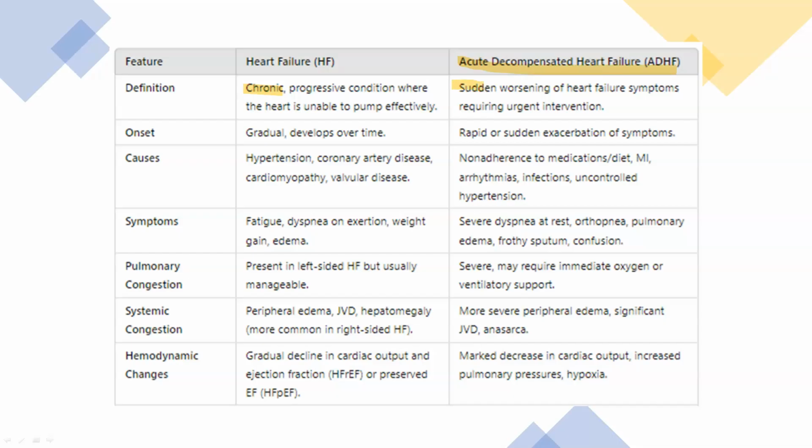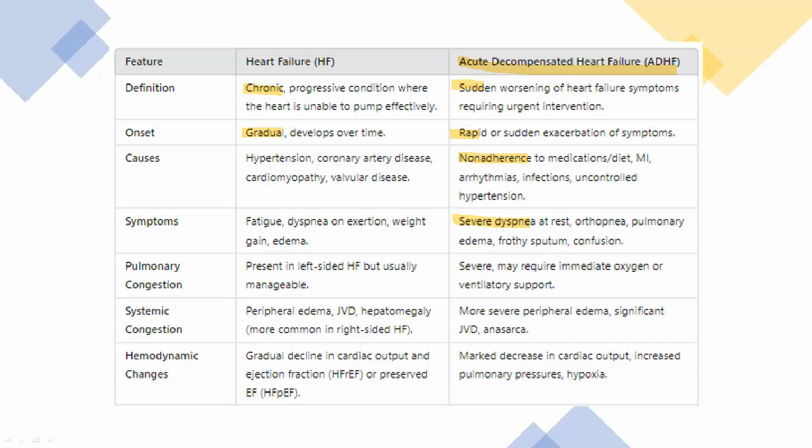So the onset is gradual versus rapid. The causes: the underlying cause for heart failure. For acute decompensated: non-adherence to medication, MI, dysrhythmias, infections, uncontrolled hypertension. It kind of goes back and forth for both. Symptoms are less severe in heart failure and more severe, so much so that they use the word severe, in acute decompensated.